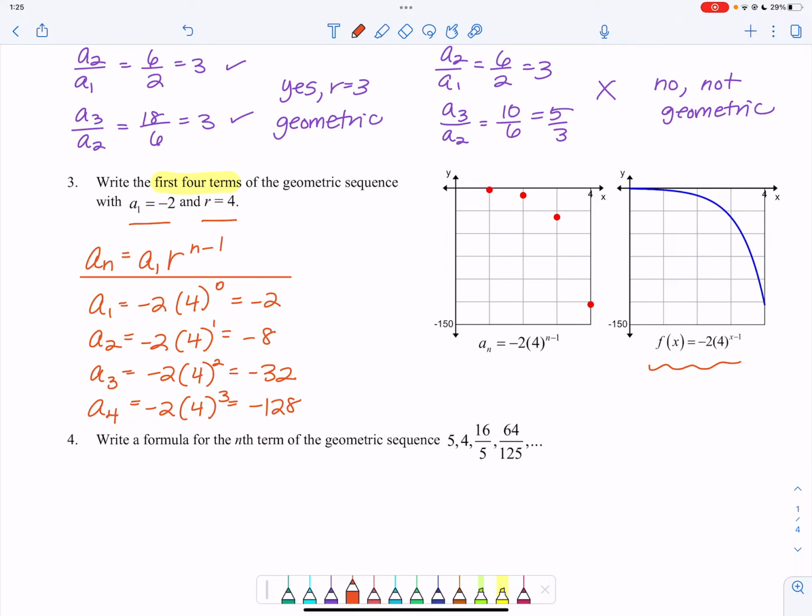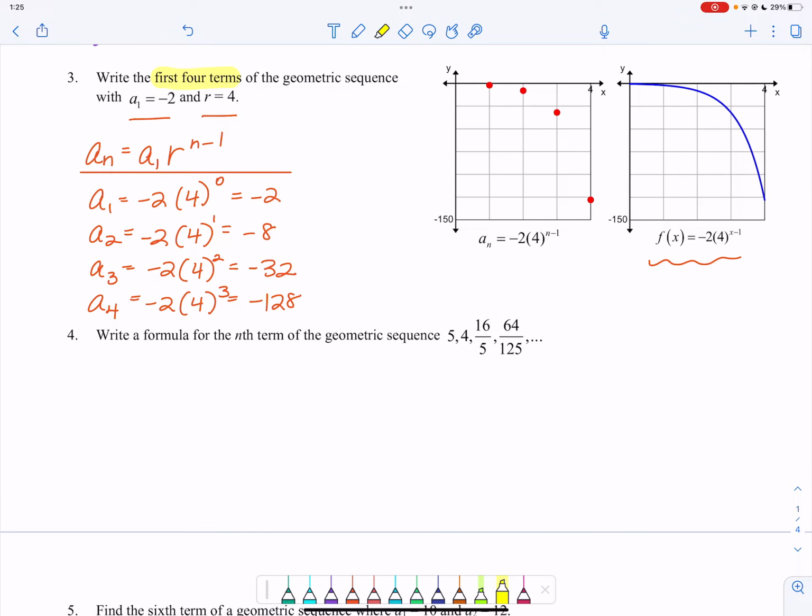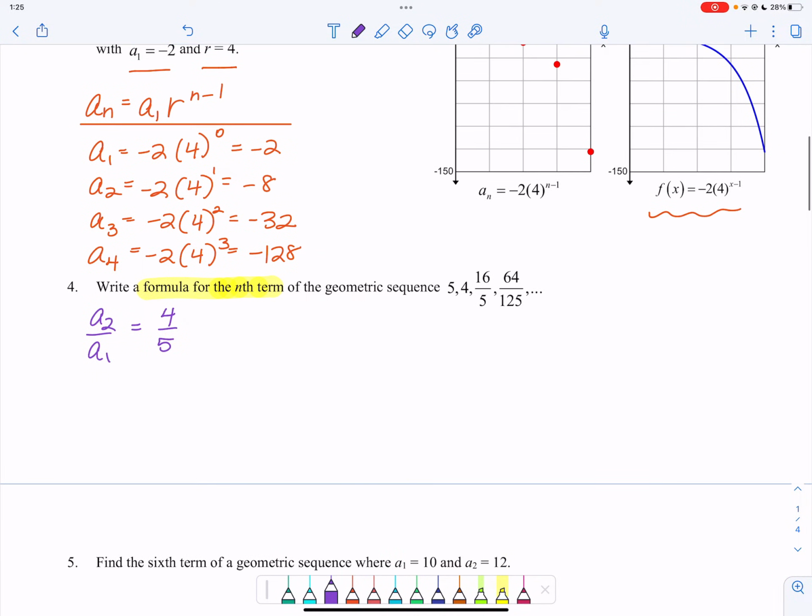Okay, so now let's go ahead and write a formula this time for the nth term, and they give us the sequence. Why don't we just take A sub 2 and divide it by A sub 1, and we will get 4/5. They did tell us that it's a geometric sequence, but we could just go ahead and divide A sub 3 by A sub 2 to double check.